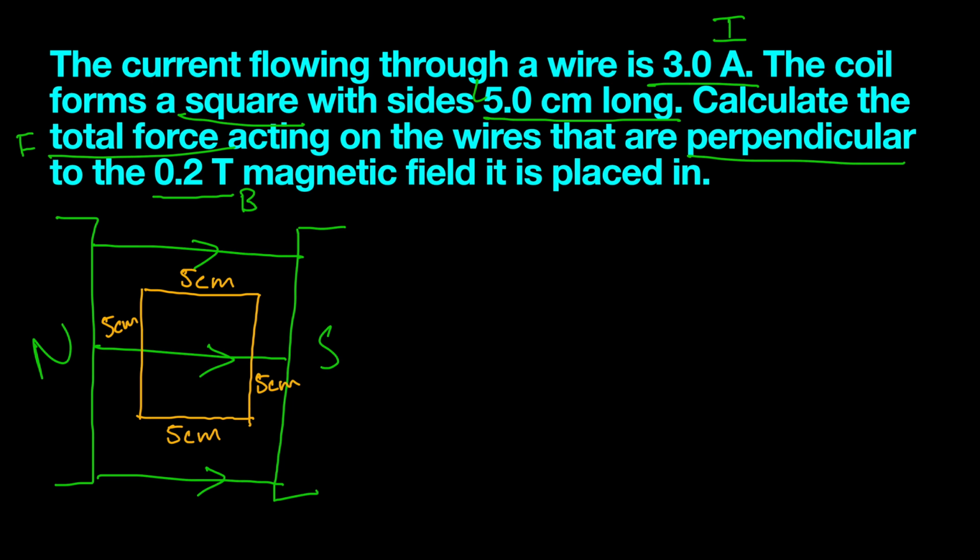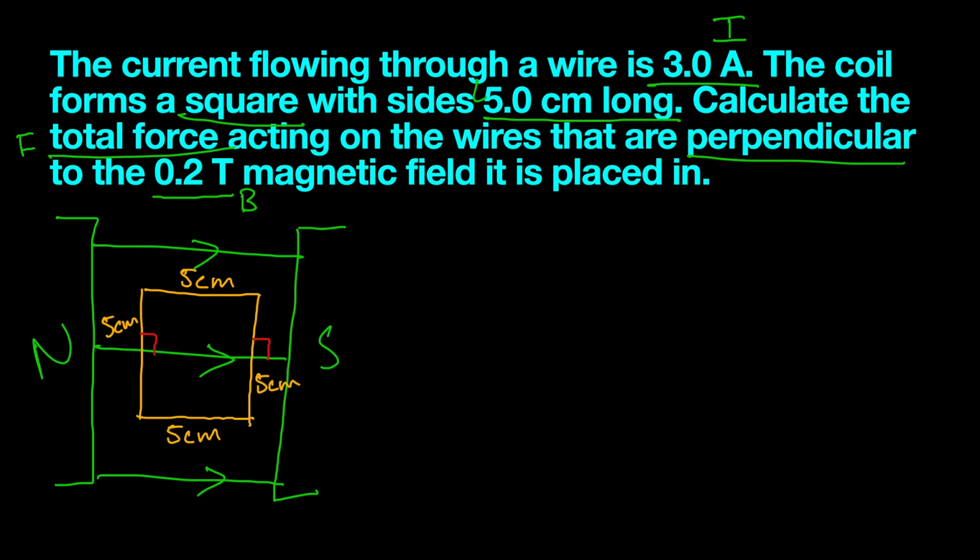We can see that the magnetic field travels in this direction. And these wires are perpendicular, as shown by this right angle. So, considering this, let's now complete our question.